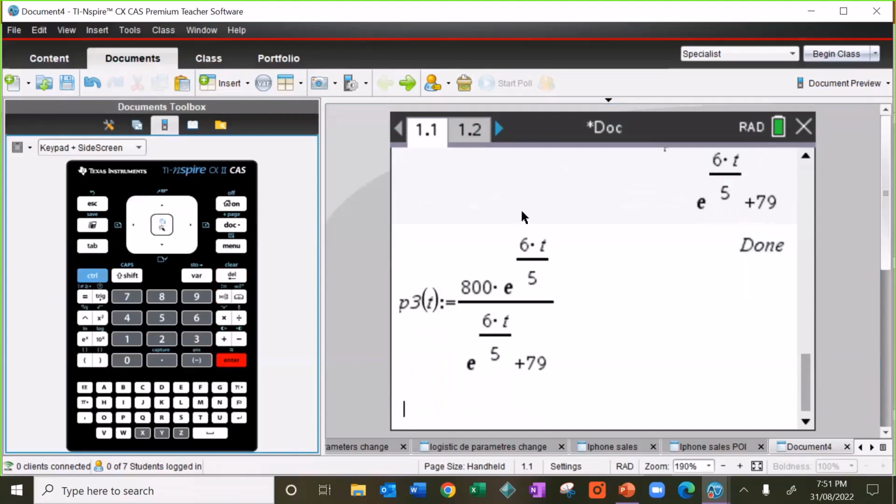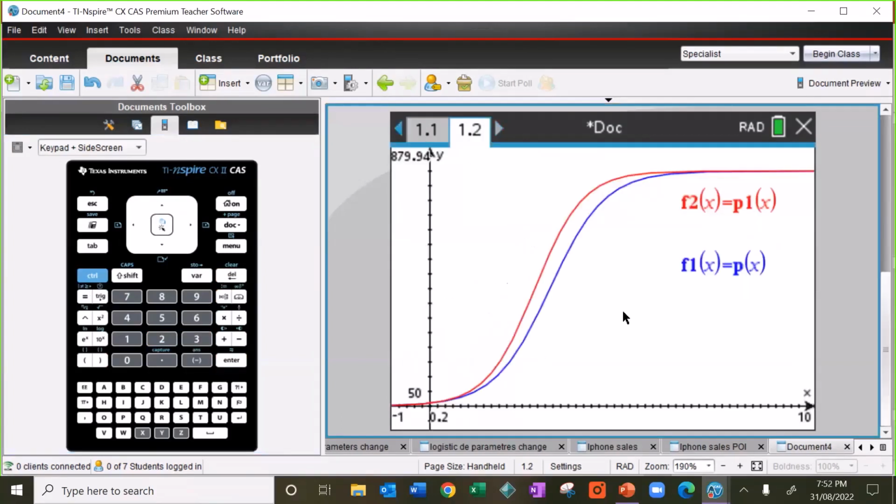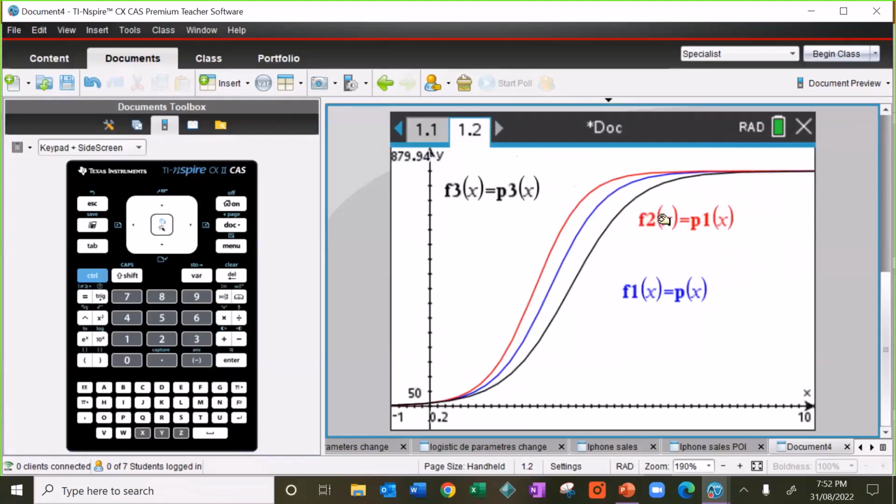And that's my P3, and I will add this to the graph, P3 in X. So we can clearly see now what is happening when we change the K value, which is sort of birth rate.